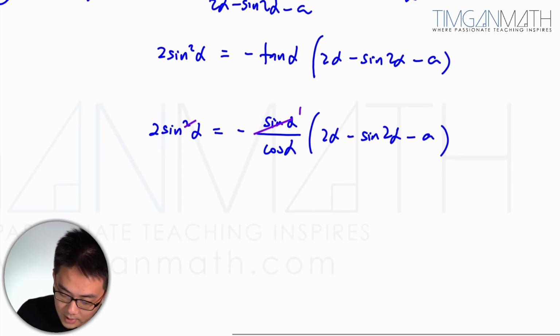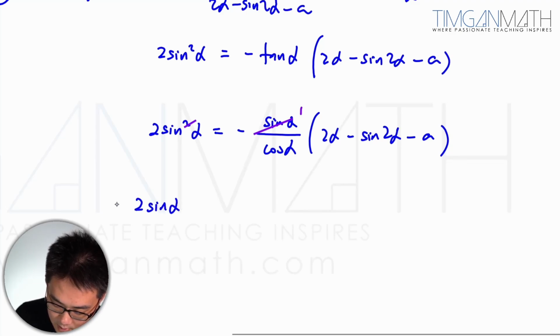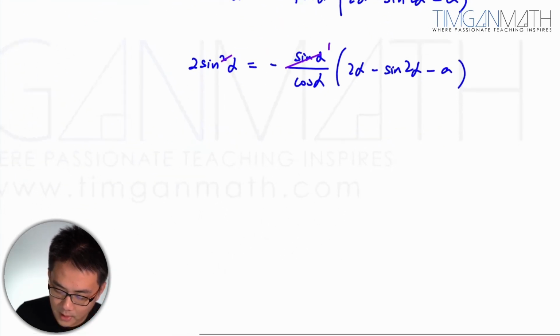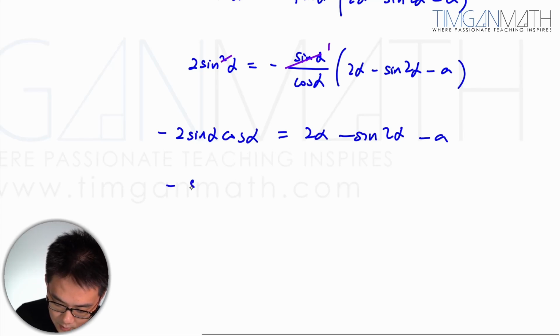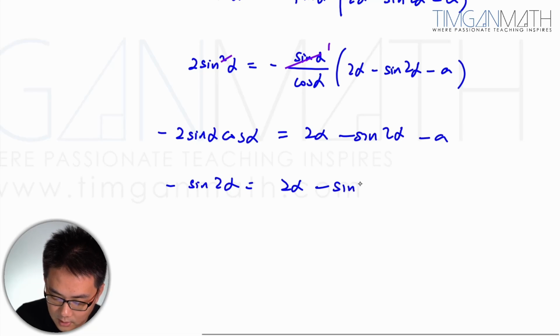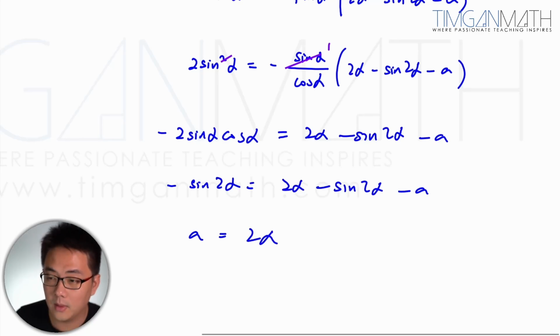And this multiplied up, there will be cosine 2 sine alpha negative cosine alpha equals 2 alpha minus sine 2 alpha minus a. Great. So it looks promising because this is actually this, right? So this is actually 2 sine 2 alpha equals 2 alpha minus sine 2 alpha minus a. So a equals 2 alpha.